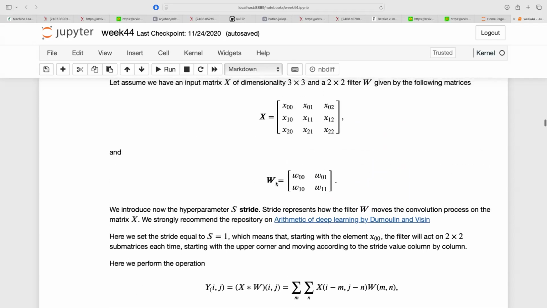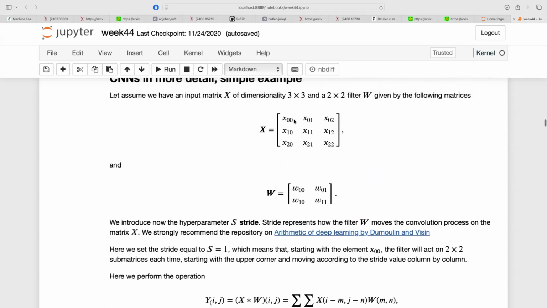The next thing I do is to move one step. Moving one step only means that I move one column. That gives me a new hyperparameter, which is called stride. In this case, stride is equal to 1. So my next step is to take this 2 by 2 matrix, which is given by this one.